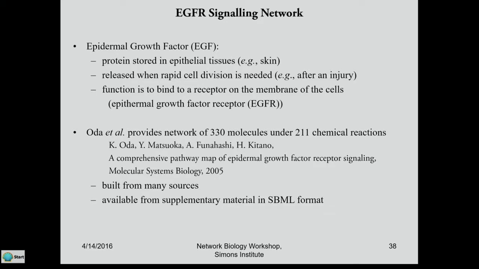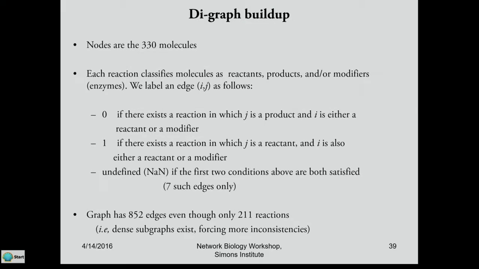So what you do is take the 330 molecules, and each reaction classifies the molecules as reactants, products, and enzymes. Basically these are the edges. 0, 1, and undefined, where undefined means that there is a conflict and both of them happen. Fortunately, only 7 edges are undefined. So if you ignore them or incorporate them in another way, you don't really lose much.